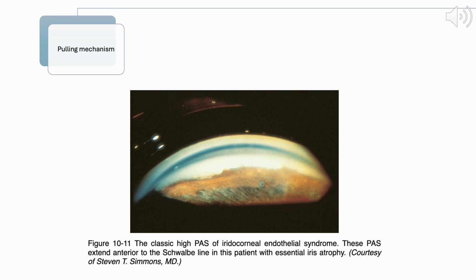This finding highlights one of the key distinctions between ICE and neovascular glaucoma. In ICE, the abnormal endothelial membrane grows directly over the angle structures, creating high anterior synechiae. In contrast, in neovascular glaucoma, the contraction of fibrovascular membranes typically anchors synechiae right at Schwalbe's line.